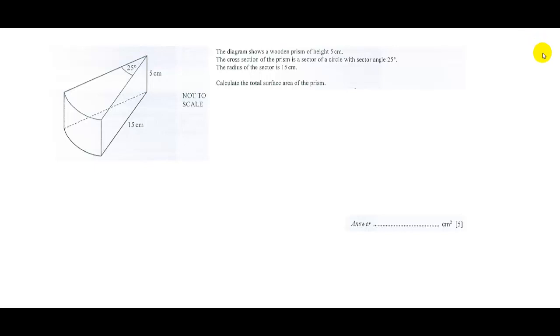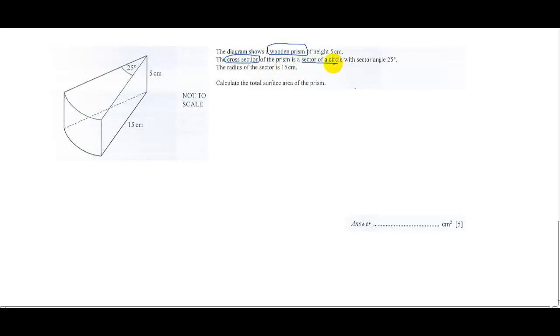This diagram shows a wooden prism. Wooden prism means it is a solid prism. Solid means it is closed from every side. So the height is 5, and the cross section means the base of the prism. The cross section of the prism is a sector of the circle.